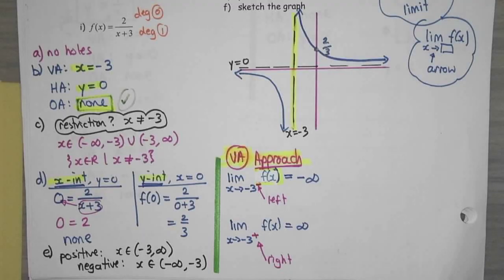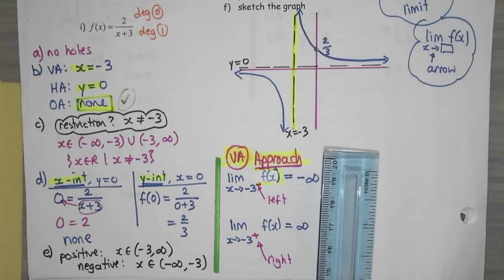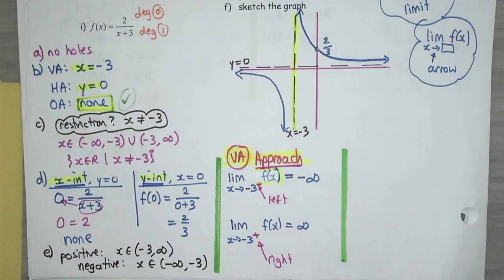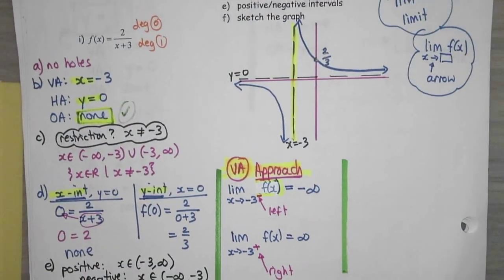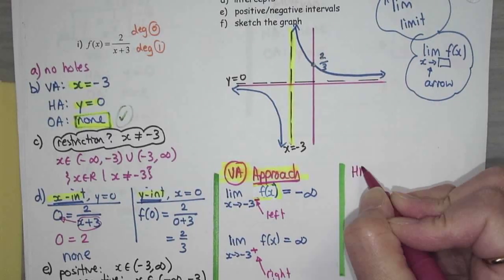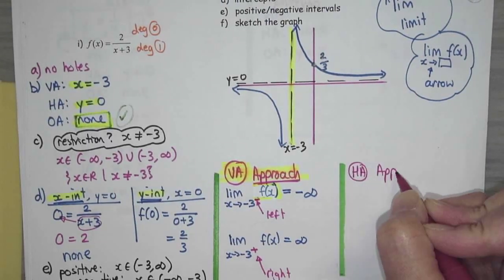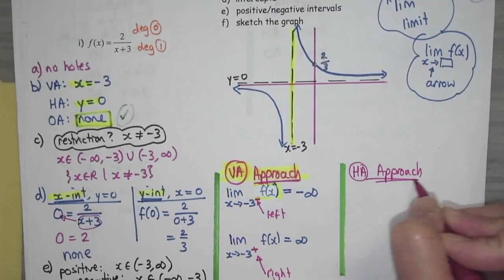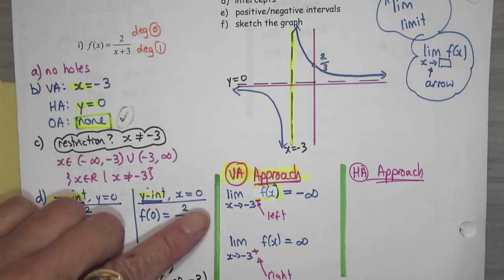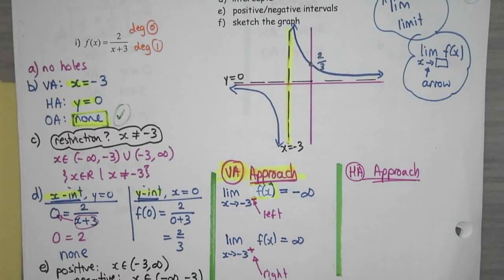Okay, we're going to do the same thing for the horizontal asymptote. So every asymptote will have 2 approaches. We're talking approach. So say on a test, we'll say approach, and this is what we mean. We want you to write the 2 approaches.